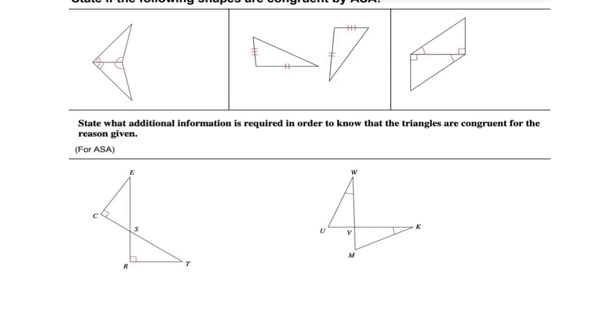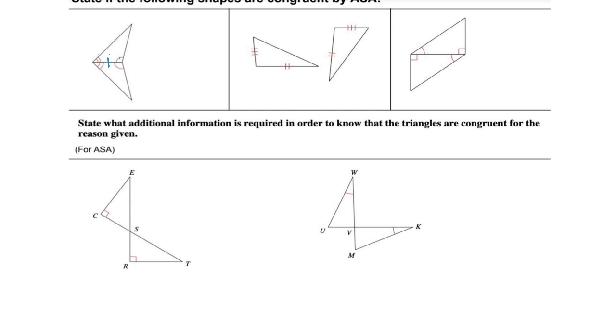All right. Now we're gonna go through like in 4.3 where we're stating if the following shapes are congruent by ASA, and then the next one is figuring out what additional information we need to add to prove by ASA. All right. So this one, we have the included side here, so we have an angle side angle.